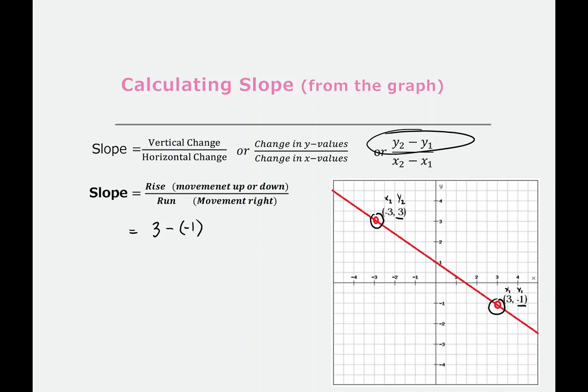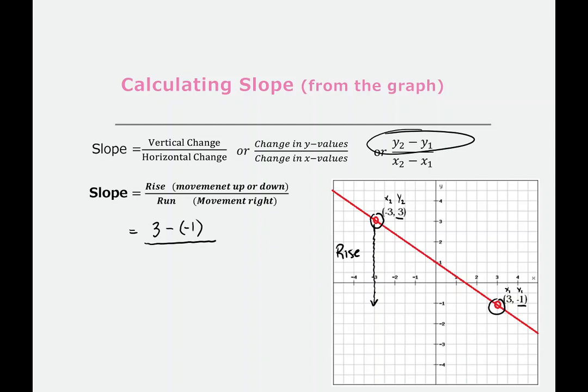Another way to look at it is we're trying to find the vertical change. How much does it go down? So this is our rise. In this case, we're rising down, or our movement is down. And our run, well, we need to know how much we move horizontally or move to the right.